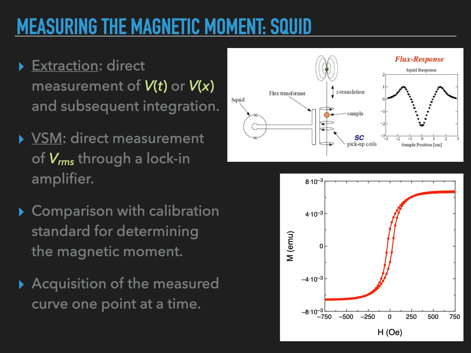The voltage is converted into a magnetic moment after calibration, which again is done using a sample of known magnetic moment. The whole magnetization curve, for example, the hysteresis loop, is acquired again one point at a time for all the desired applied magnetic field values.